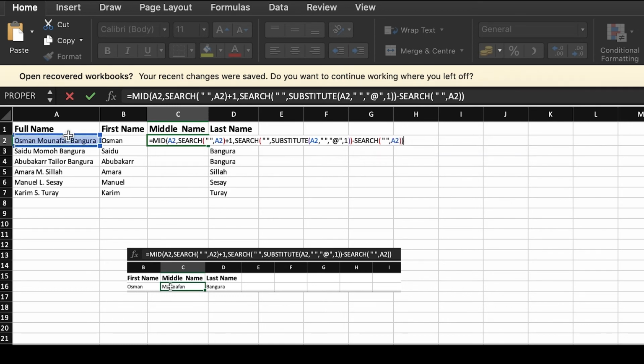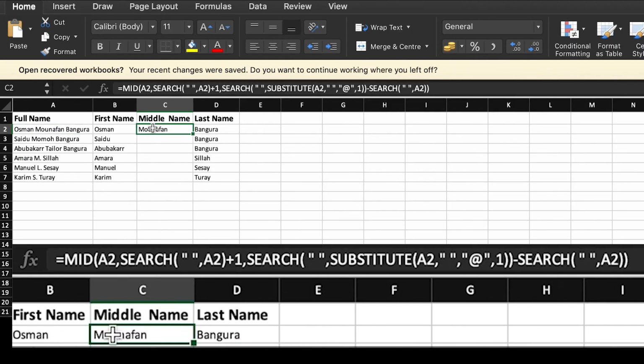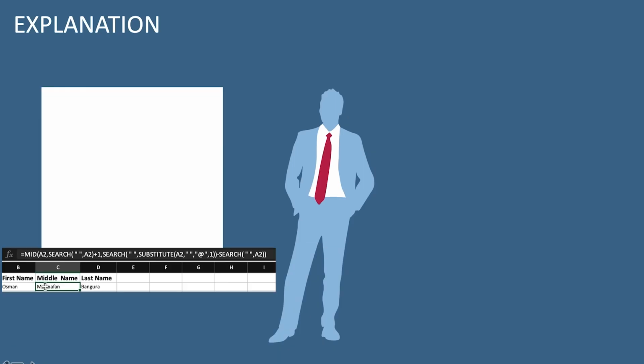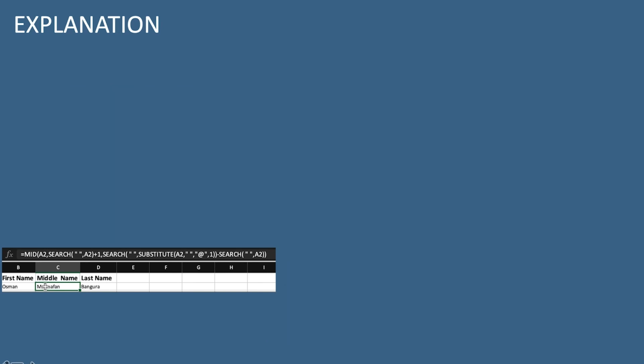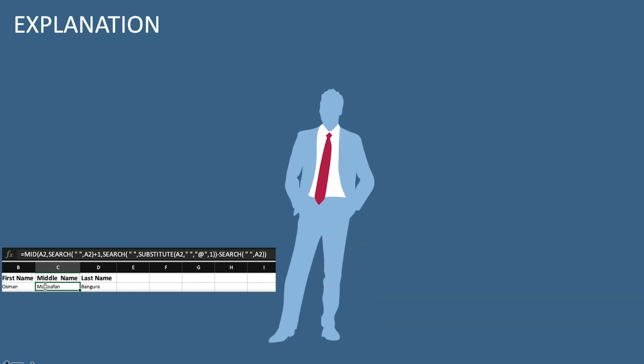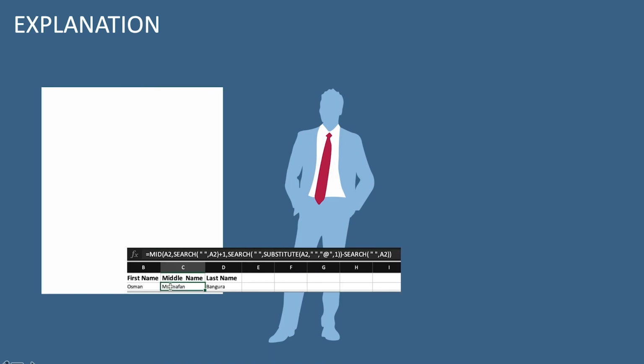Then press the return key and copy the formula down to the rest of the cells in the column. Here's the result you should get. Now let's explain the functionality of this formula. The mid function can help extract characters from the middle of any string if you can provide it with the starting position and the number of characters that you want to extract from that position.